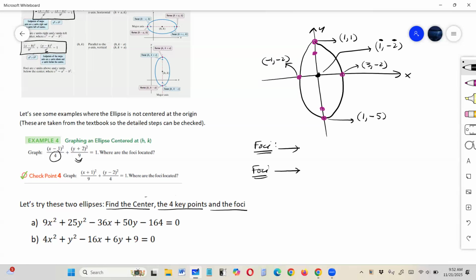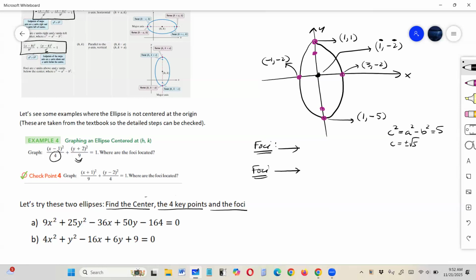But the foci, now remember, the foci has equation c squared equals a squared minus b squared, and a squared is always the larger one, so it's 9 minus 4, obviously 5, so c is plus or minus radical 5. So the foci are radical 5 up and down from the center.